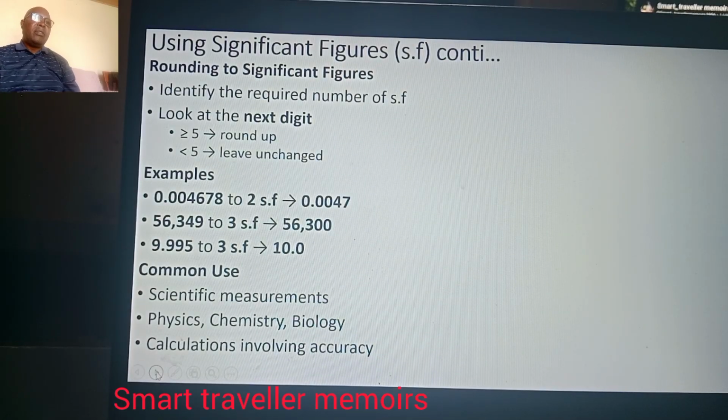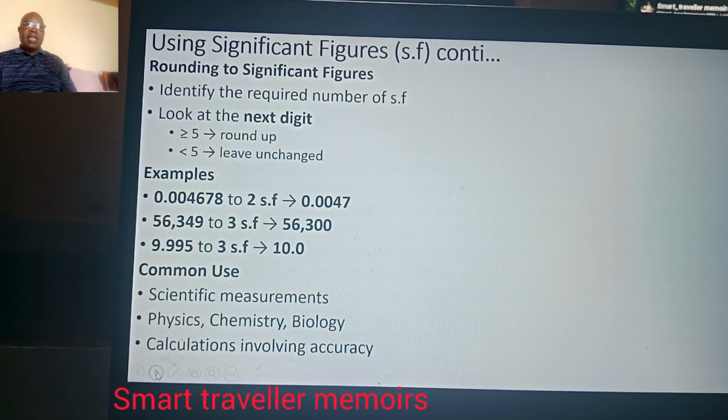Significant figures continued. Rounding to significant figures. Identify the required number of significant figures. Look at the next digit. If it is 5 or greater, you round up. If it is less than 5, leave unchanged. For example, 0.004678 to 2 significant figures is 0.0047.